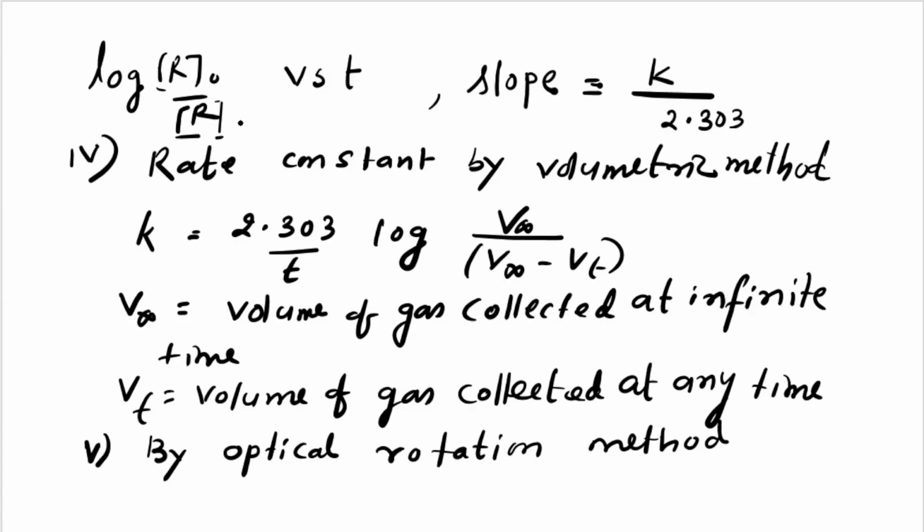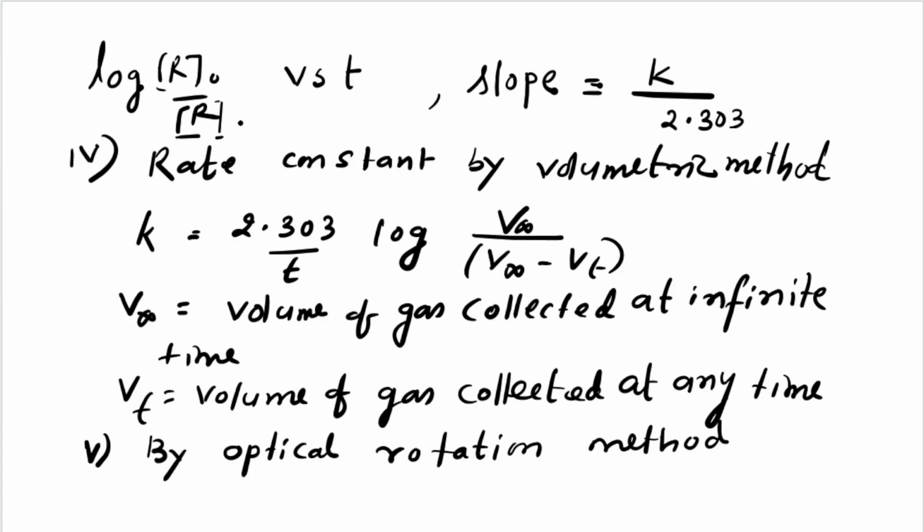So if the graph is log [R]0/[R] versus t, then slope equals k/2.303.